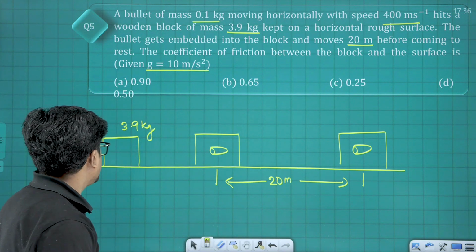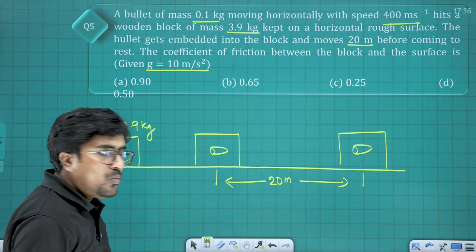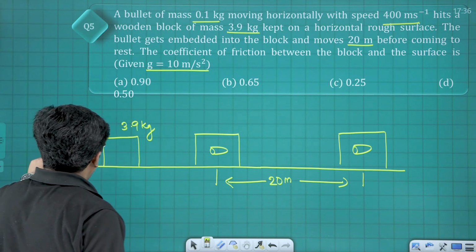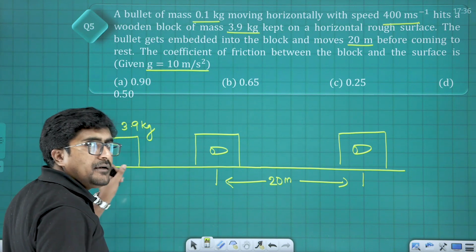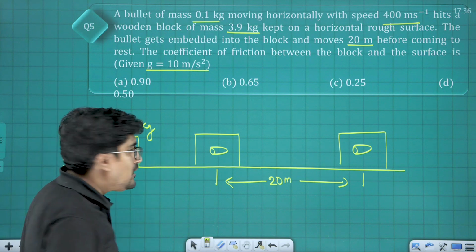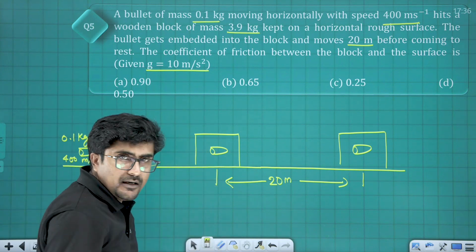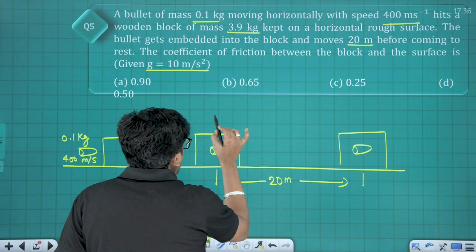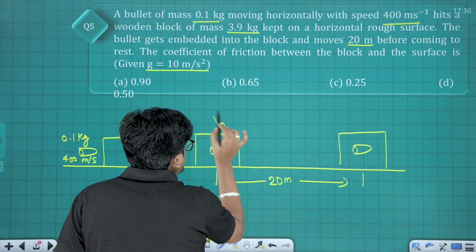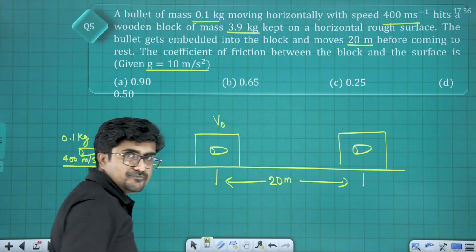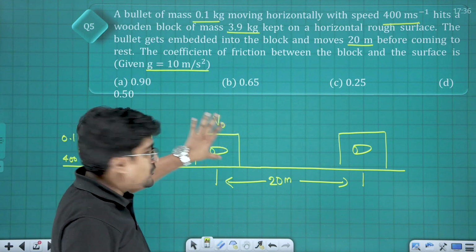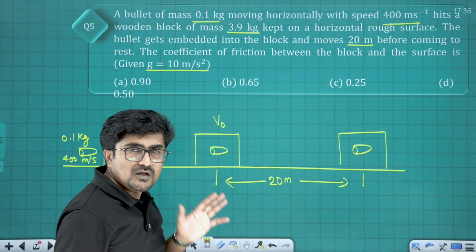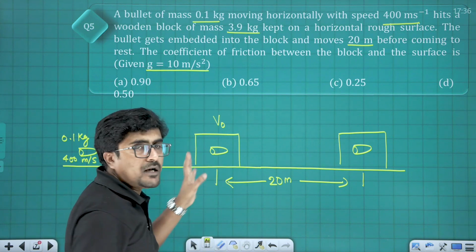Now what happened is, once this bullet came and hit the block, since it is getting embedded, this is going to have a final velocity, and that is V bar. That is a common velocity for the block and the bullet, that is the system of bullet and block.